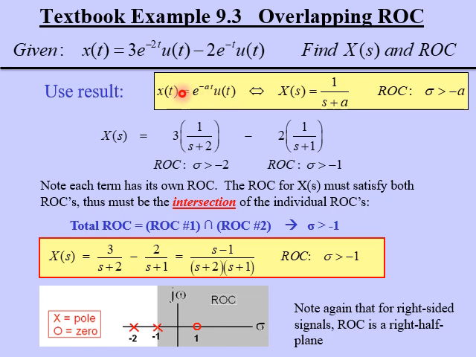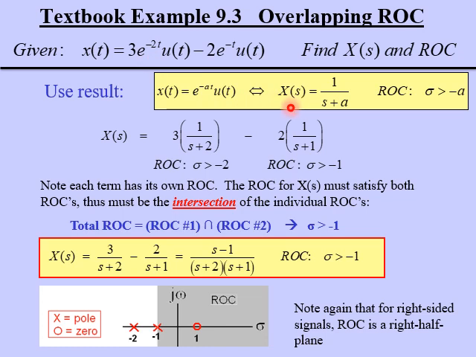Now, by inspection, we can take this signal and take the Laplace transform of each term using this result here. If we look at the first term, we see that the exponent a has a value of 2.